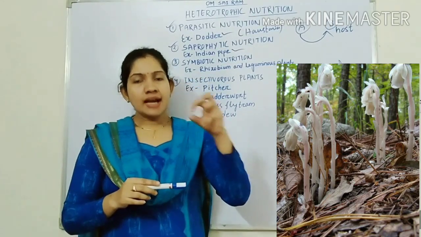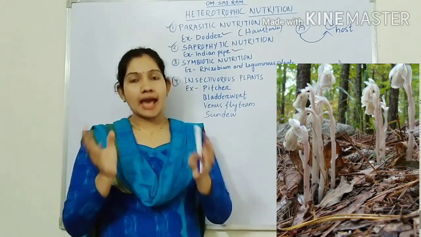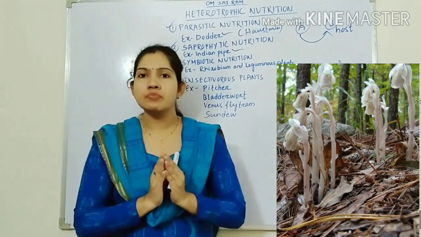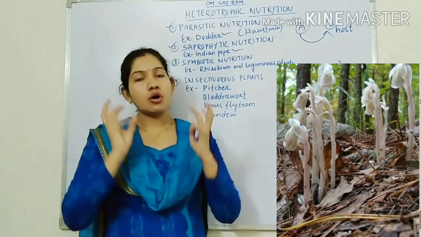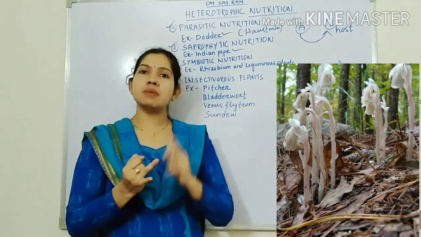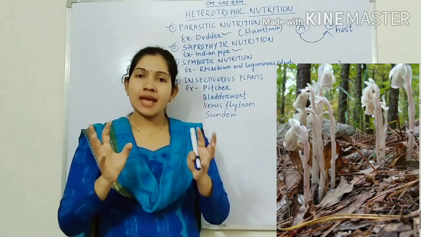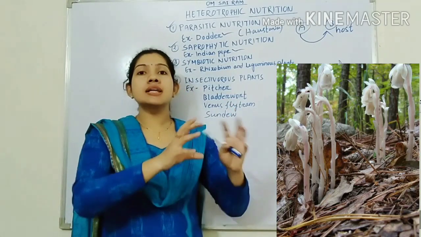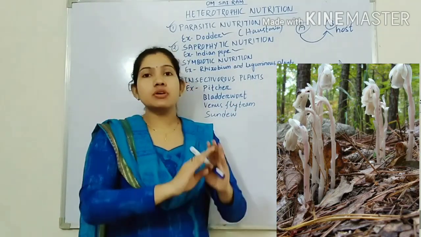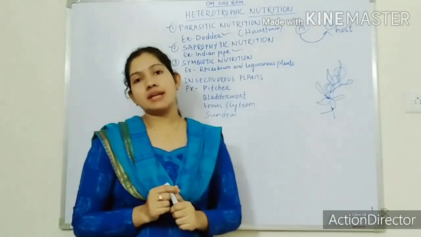So the dead leaves and barks must have organic content, as the plant is preparing food. All the parts of the plant, leaves, barks, roots, all of the things we are talking about, have organic content. So when the leaves fall down, that organic content of the leaf will be broken down by the saprophytic plants.